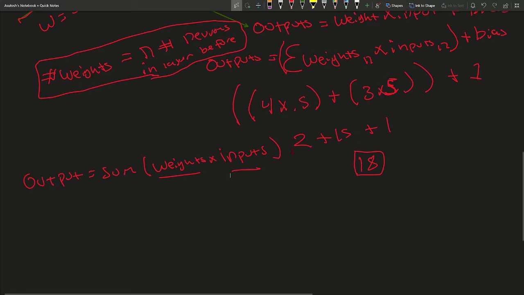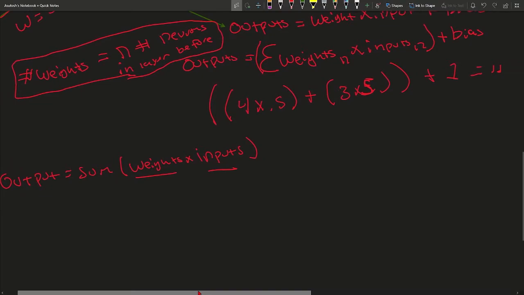Okay, so the output equals the sum of the weights times the inputs plus the bias.